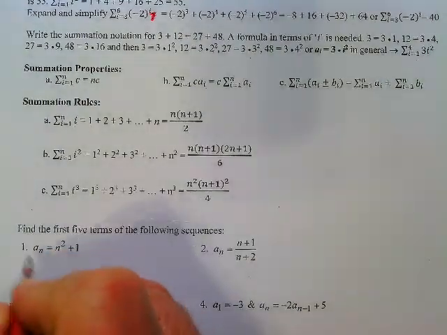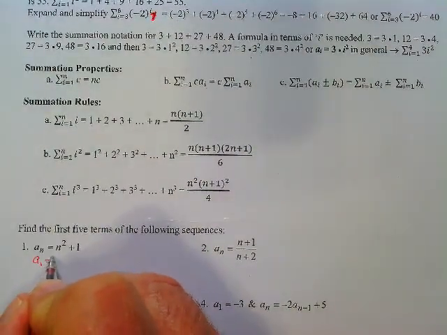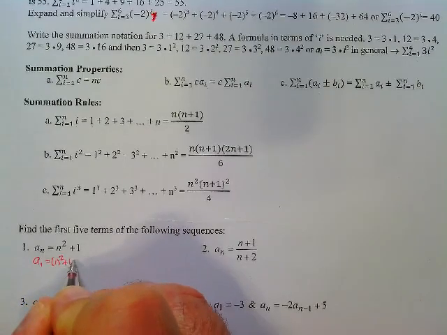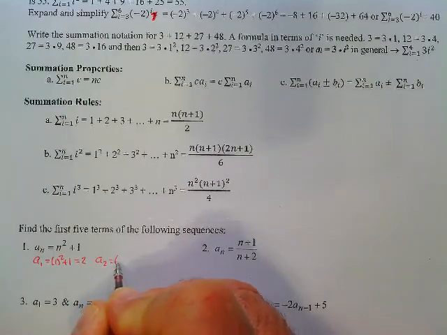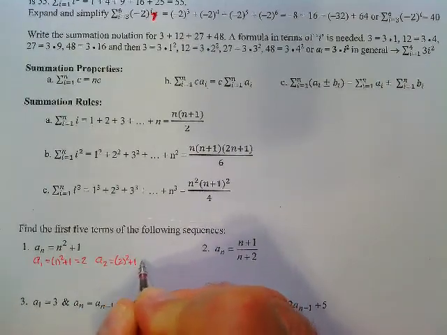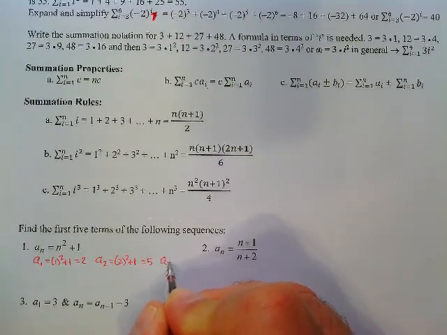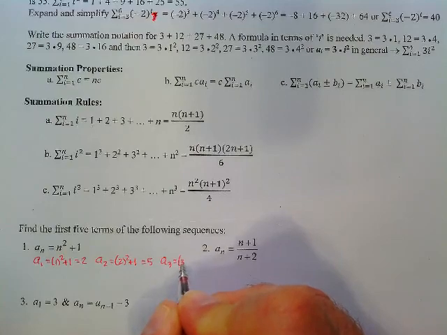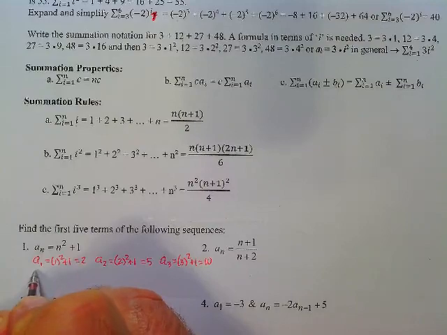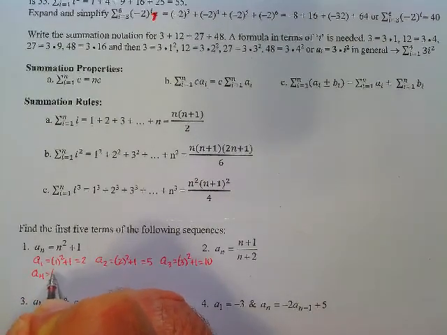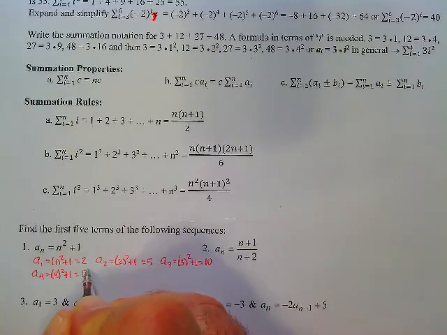So here we would have a1, which equals 1 squared plus 1, which would be 2. a2 would equal 2 squared plus 1, which is 5. a3 would equal 3 squared plus 1, which is 10. a4, 4 squared plus 1, which is 17.